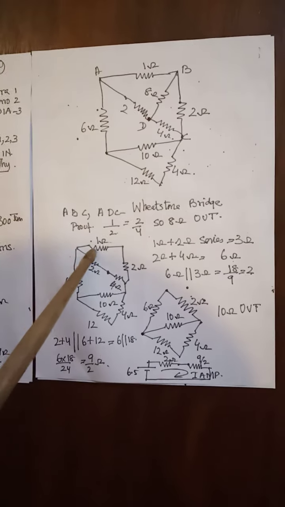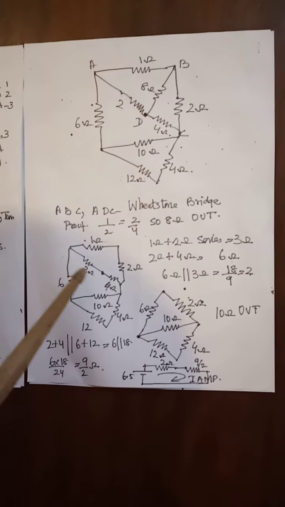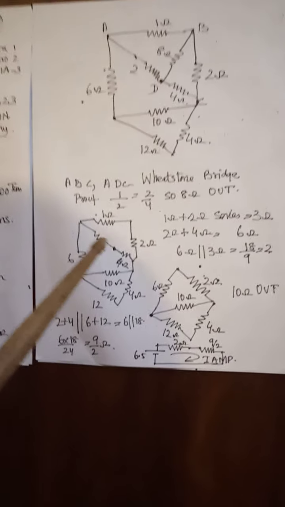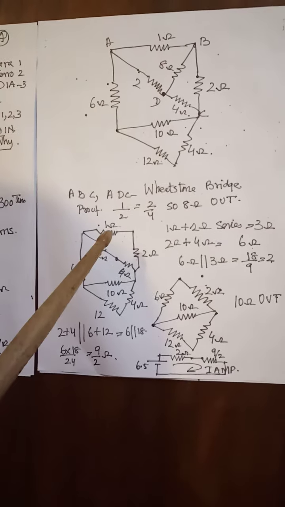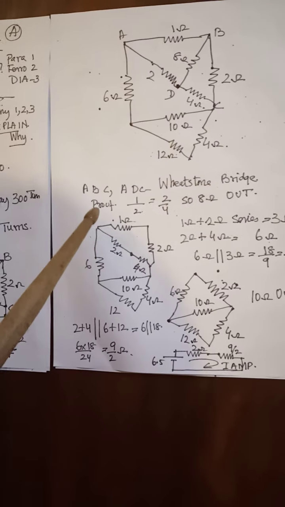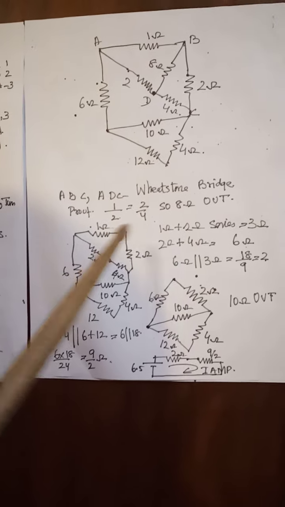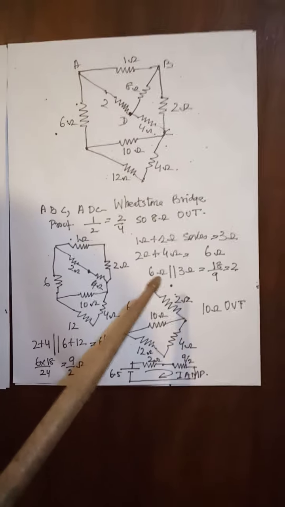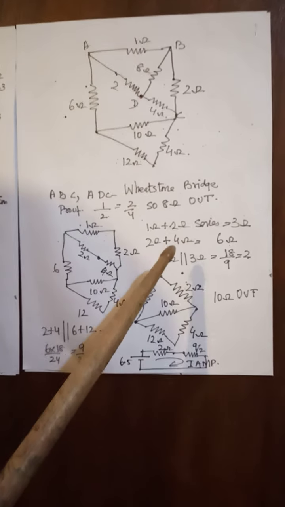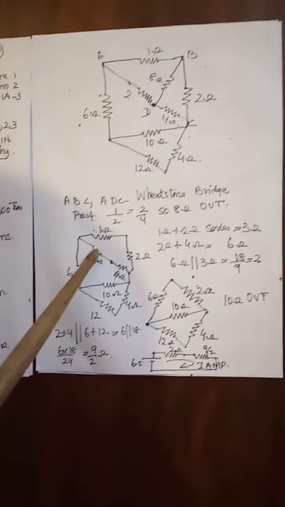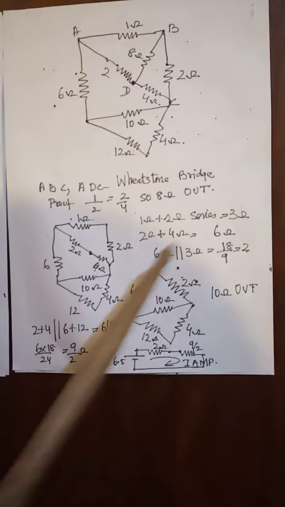So what will it become? And I will tell you, never use 1 by R equivalent equals 1 by R1 plus 1 by R2. You will get confused with LCM. Remember R1 R2 by R1 plus R2. So we get 2 ohms.